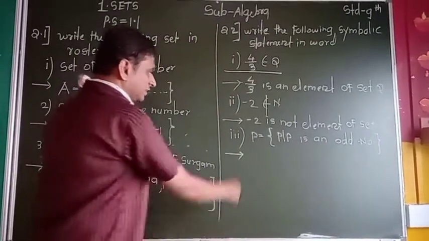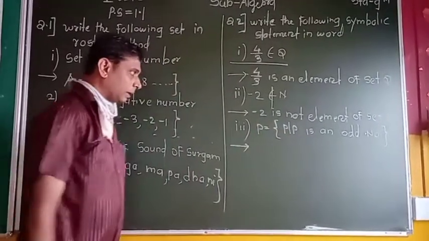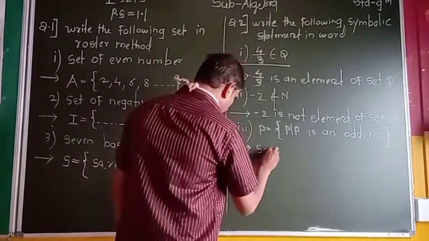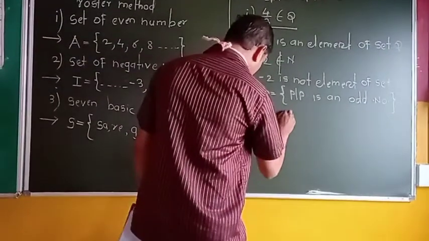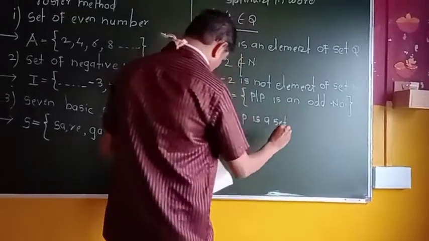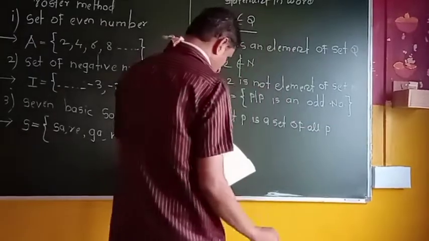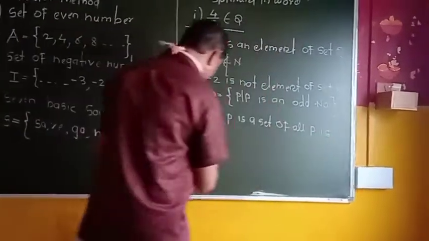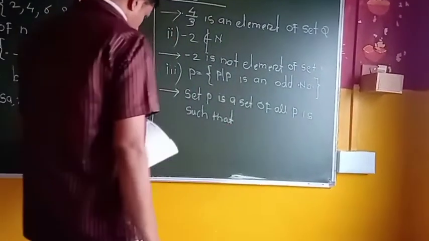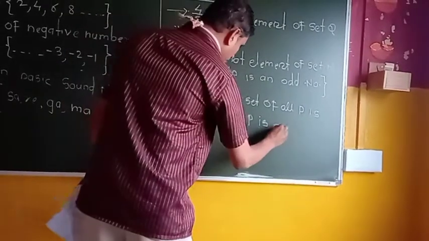That means P is a set whose elements P are such that they are odd numbers. We write it in a statement: set P is the set of all P such that P is an odd number.